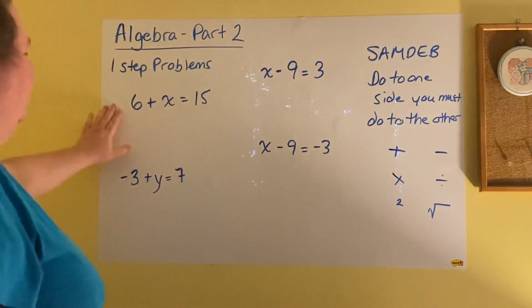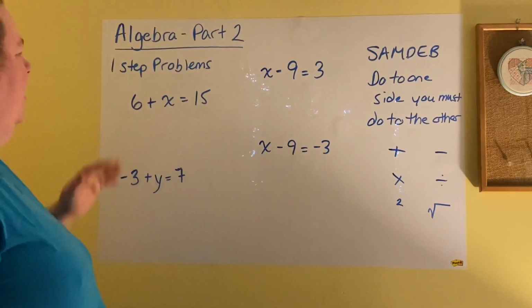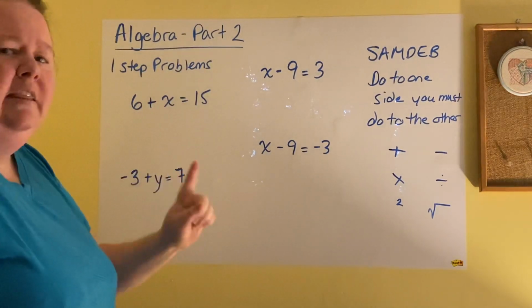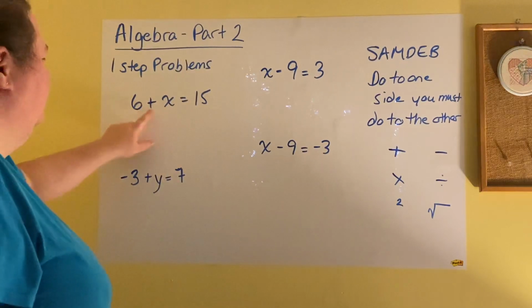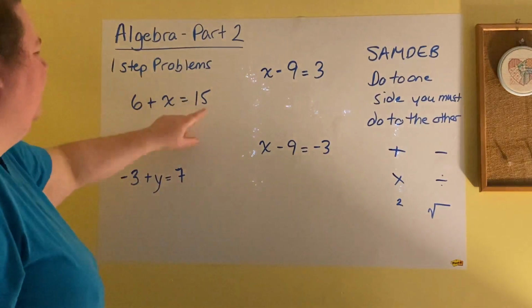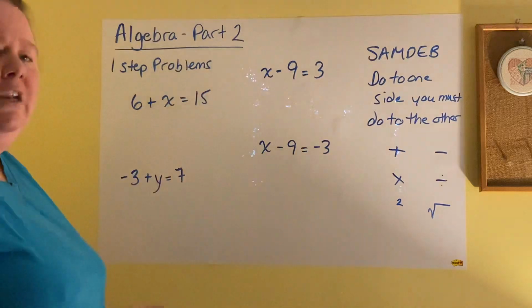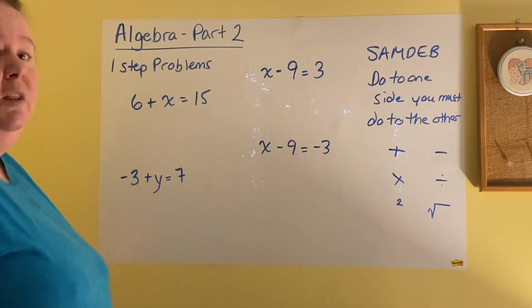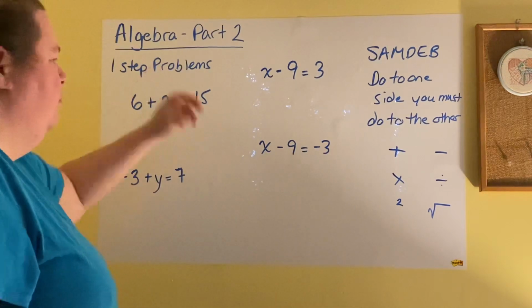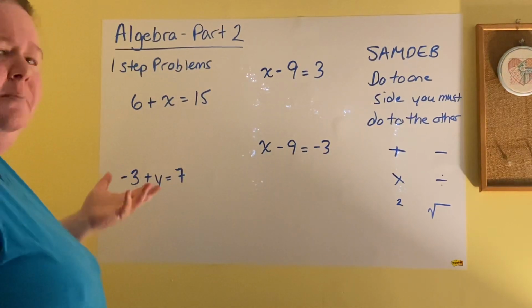So, looking at this, I only have to do one thing to solve for the variable. And if I have 6 plus x equals 15, in the last video, I showed you there was one way you could do it without having to really do a lot of work out, but just thinking about what's happening.